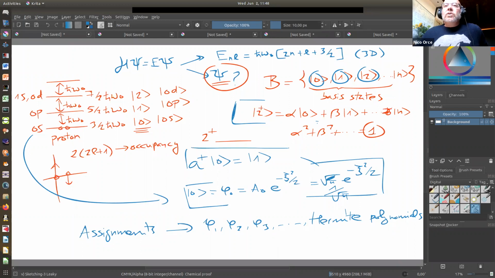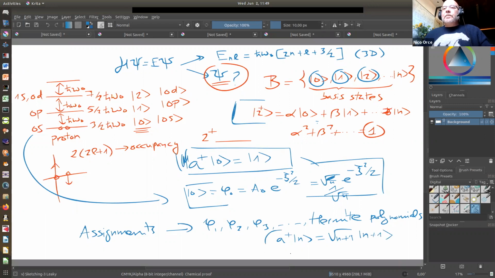And so on and so forth. We are going to apply A dagger to 1, and we're going to get 2. Actually, a square root of 2 there will be. Remember that the general formula is A dagger on n will be equal to square root of n plus 1, and then here we have n plus 1.